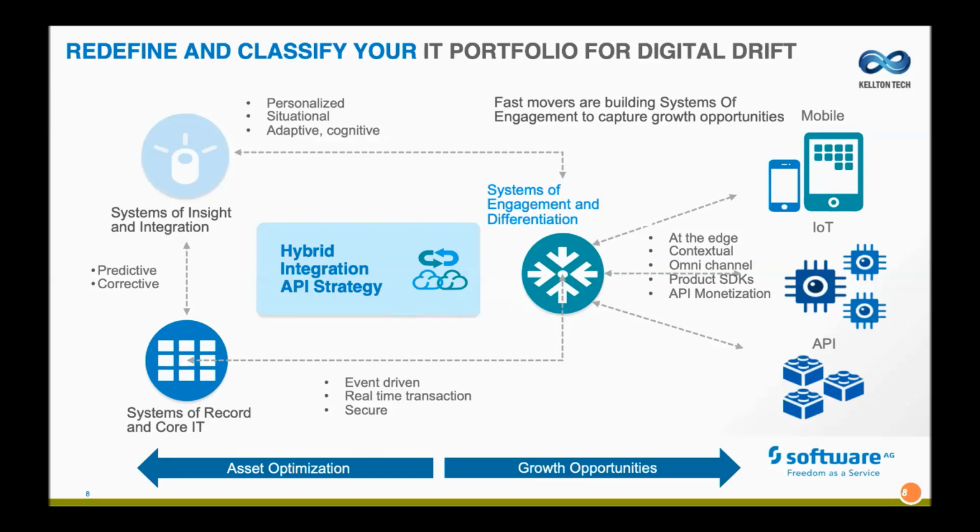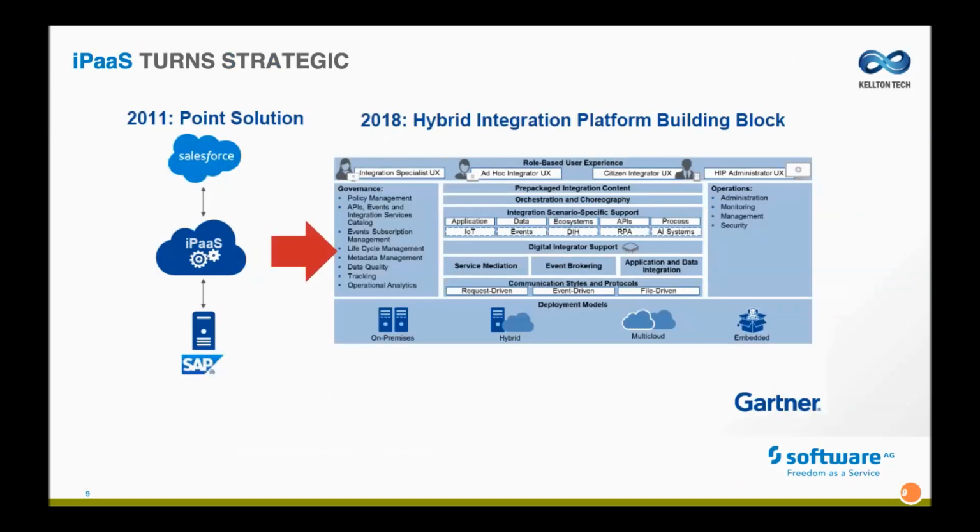And that's where we would want you to understand that, yes, by 2010, iPaaS had been predominant. There are a lot of iPaaS-based solutions that turned tactical in that point-to-point solution. But by 2018, Gartner indicated clearly that hybrid integration platform is the building block for that future digital enterprise.